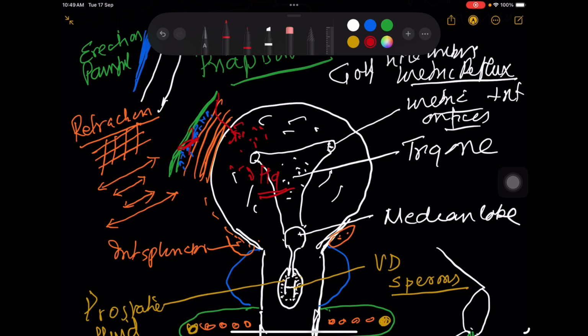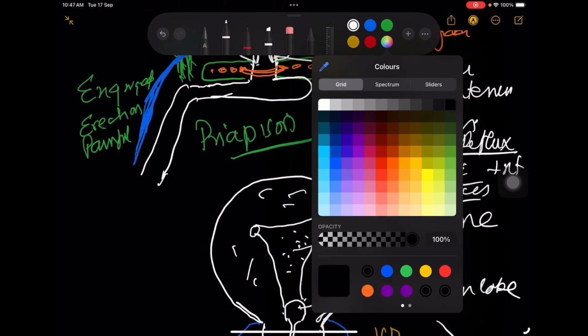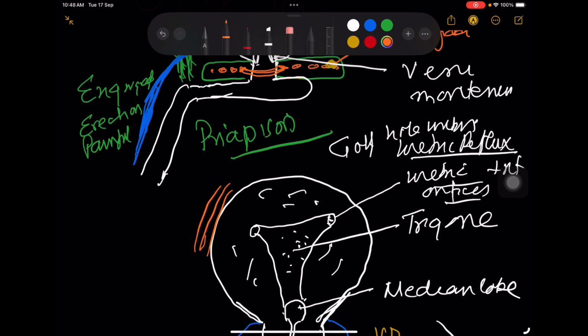Therefore, if you leave the bladder distended, there will be hematuria. Therefore, in all cases of neurogenic bladder where there is retention, it is important to put in a continuous catheter.